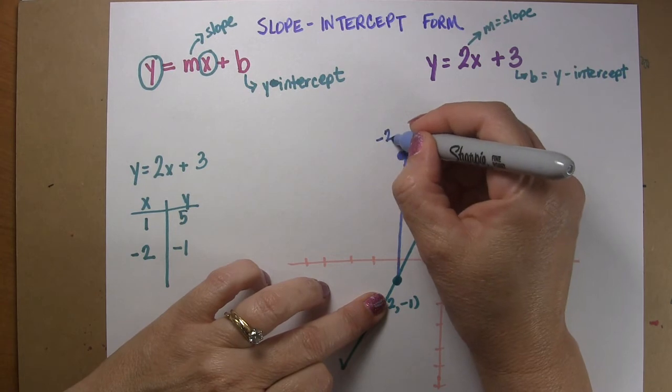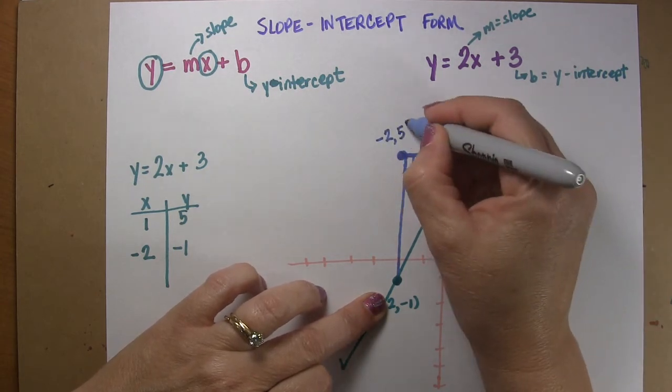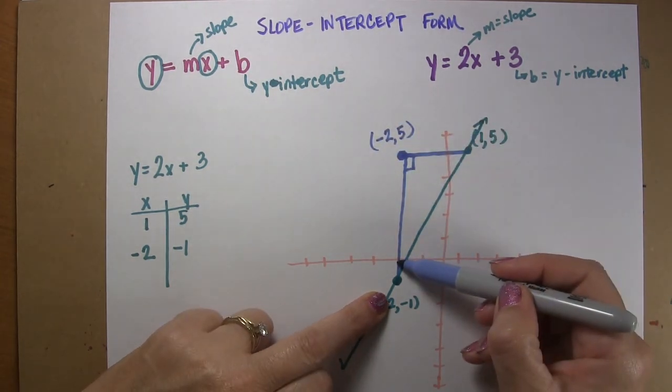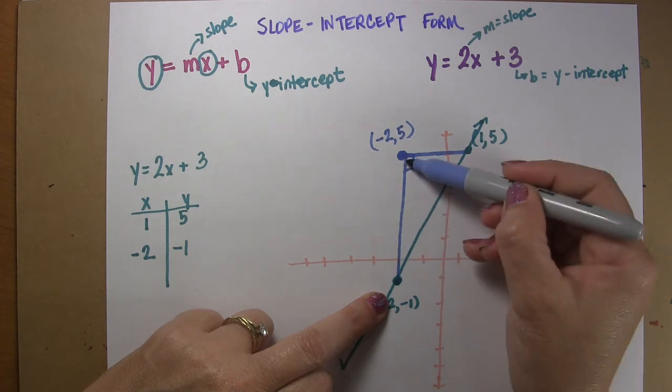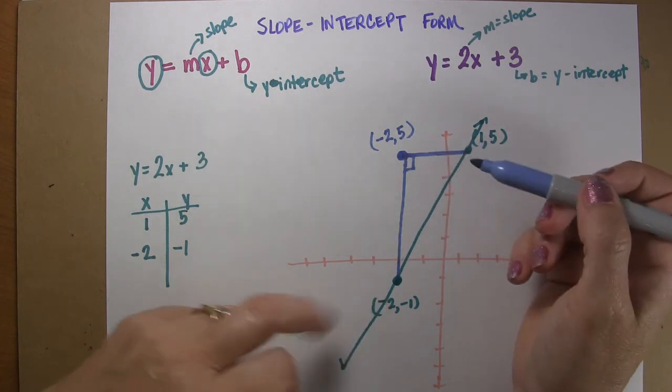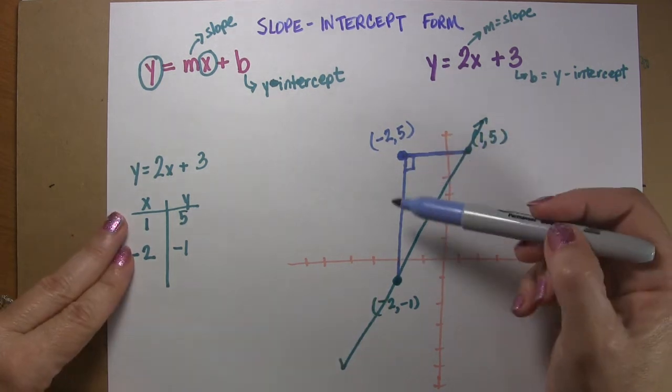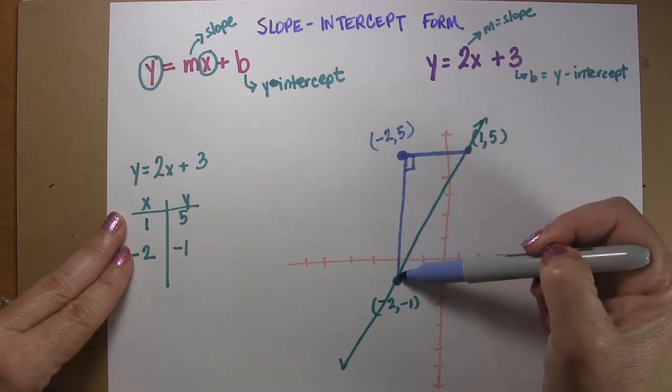Well, it would be (-2, 5), right? Because it's over -2 on the x-axis and it's up 5 on the y-axis. And so what is the distance of this line?